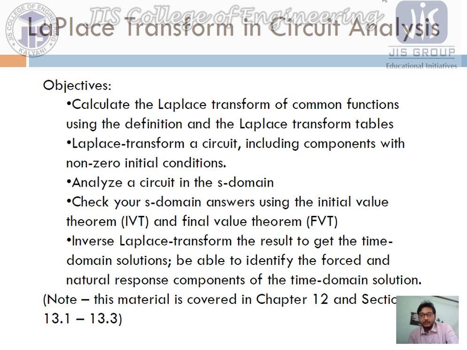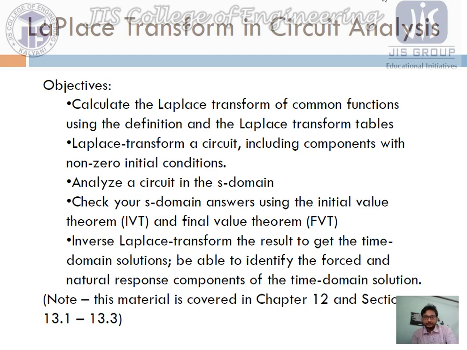We simply transfer the circuit into the Laplace domain and solve it there, and after that, whatever the ultimate Laplace function we get, we take its inverse Laplace transform so that we get the actual equation in the time domain. So the Laplace transformation is nothing but a conversion from time domain to S domain, and again from S domain back to time domain.